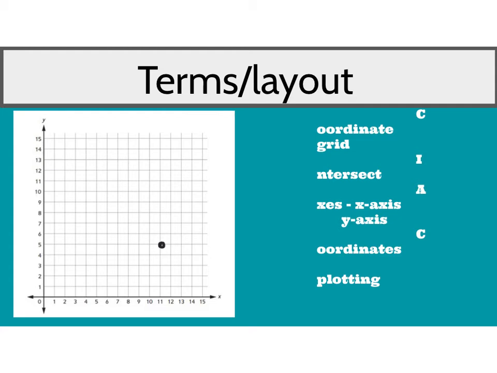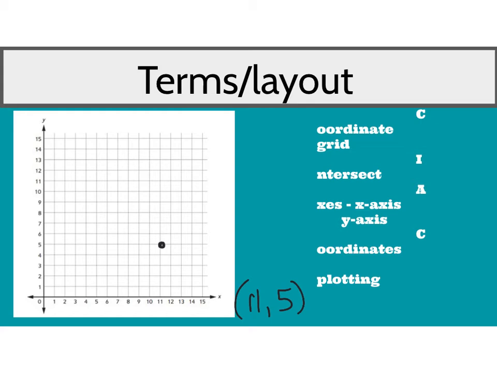So we find it at point 11, and then we go across to find where it intersects with the next line. So that particular point, we go over to 11 and we go up 5. And so our ordered pair would be 11, comma, 5. And this is how we would write that. So that is what we call an ordered pair.